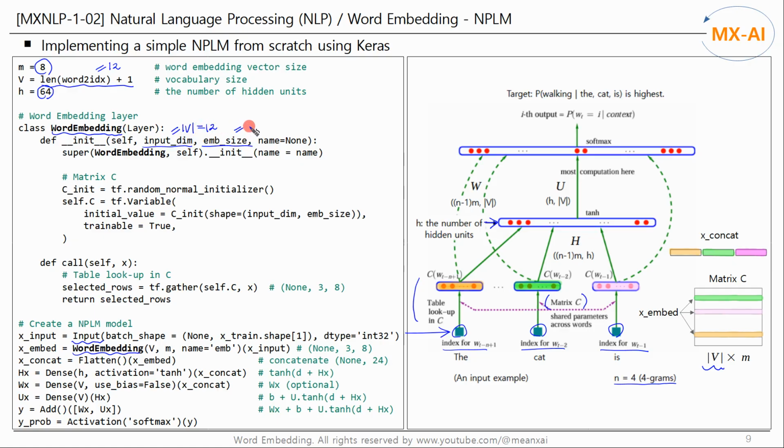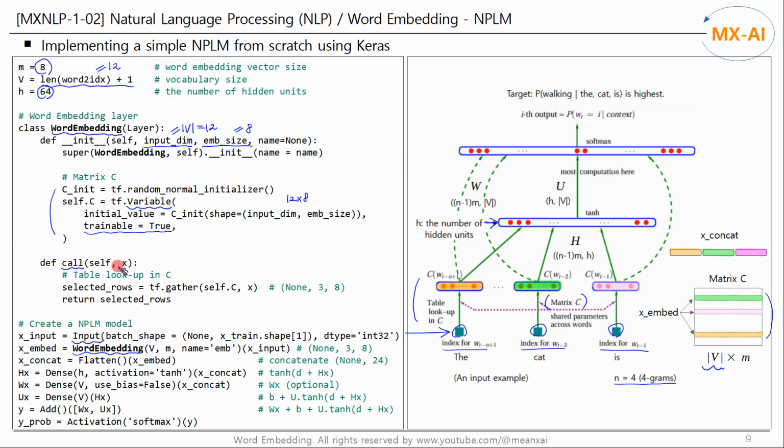The embedding size is the size of a word vector, which in our case is 8. Create a matrix C of size 12 by 8 using TensorFlow's variable. During backpropagation, each element of this matrix will be updated. This model can then generate the appropriate embedding vectors for each word.